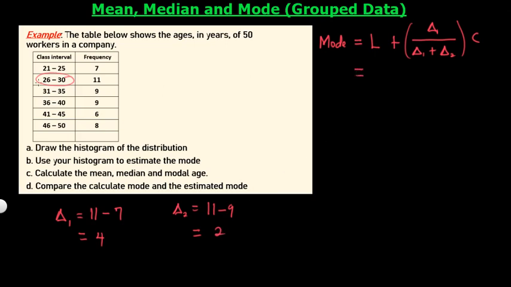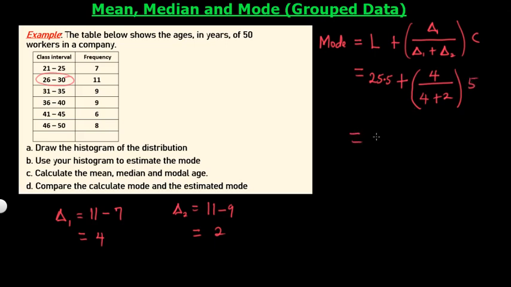Remember that this is the modal class, so the lower class boundary here will be 25.5. That will be 25.5 plus 4, which is our delta 1, over 4 plus 2, and our class size is 5.